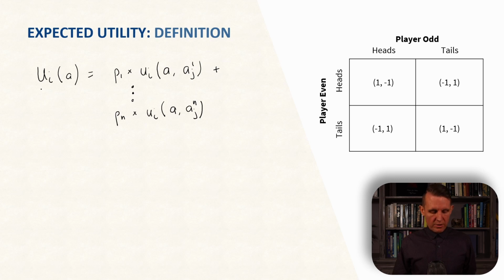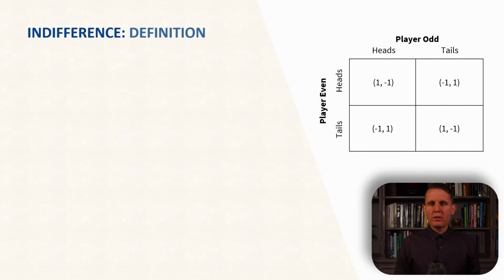This is where the concept of expected utility becomes useful when we define the idea of indifference. The concept of indifference is important when we're solving games with no dominant pure strategies and no pure Nash equilibria. We say that an agent i is indifferent between strategies a_i and a_j if their expected utilities are equal.